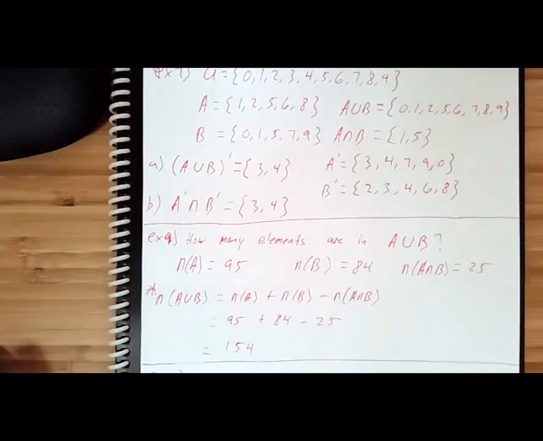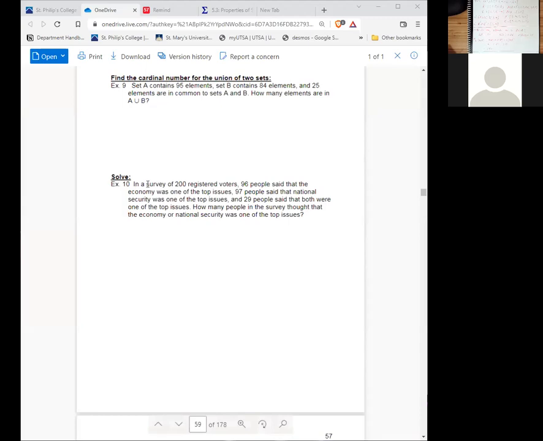Example 10. So this will be the last one for section 5.3. You want to move on to something else. So in a survey of 200 registered voters, 96 people said that the economy is one of the top issues. 97 people said that national security was the top issue. 29 said that they were both one of the top issues.